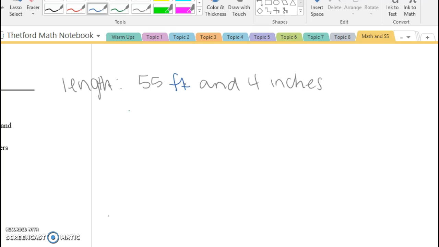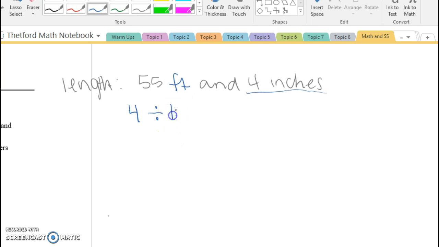And so in order to convert into feet, the easiest thing to do is to start with our inches. We know that we have 4 inches, and we want to know what 4 inches would be in feet. To do this, we have to know that there are 12 inches in 1 foot.